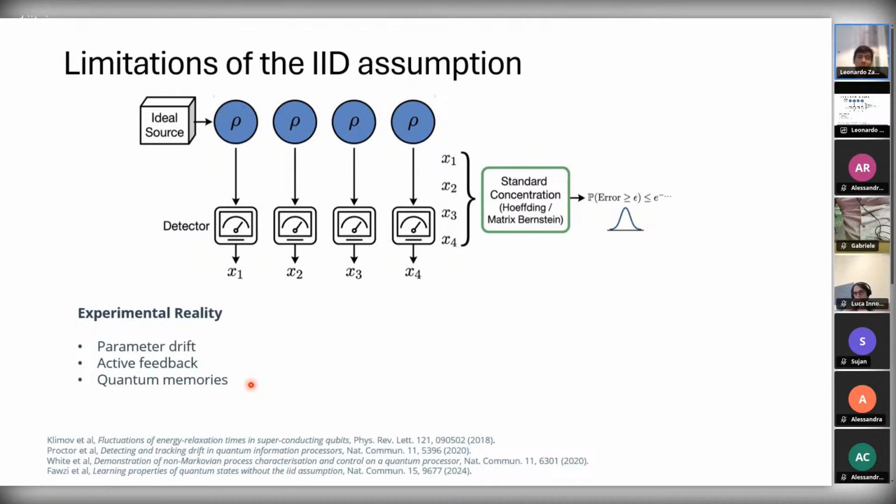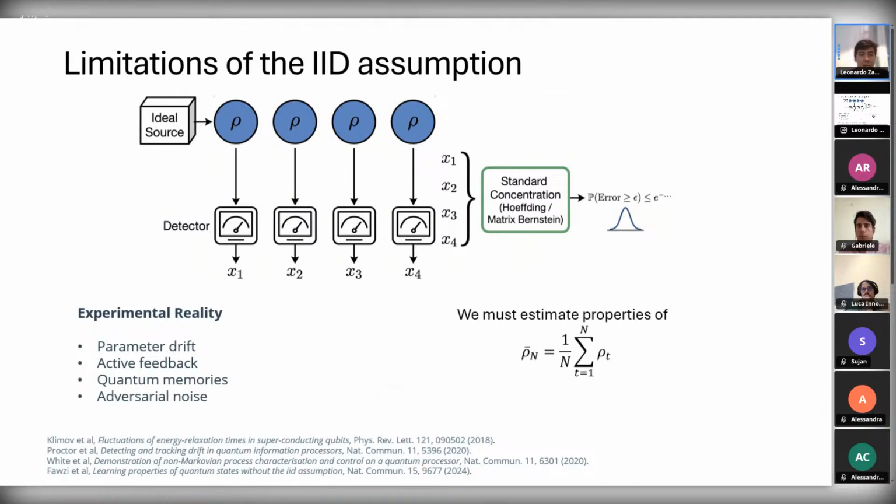When we have states in quantum memories, the states might share some entanglement, and also not all states degrade at the same speed in the quantum memory, right? So for sure, the states in a quantum memory are not equal among each other. And finally, there might be more adversarial scenarios, like in QKD, for example, where someone could be adapting the preparation depending on the entire history of the experiment.